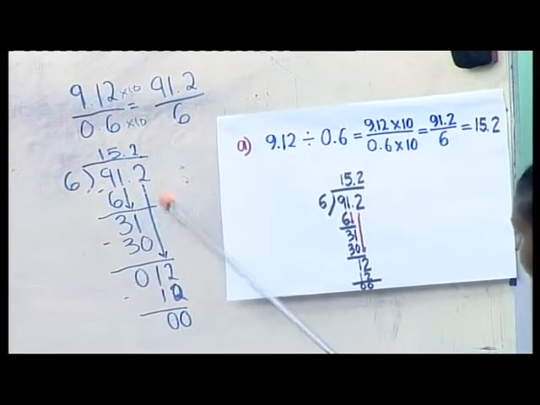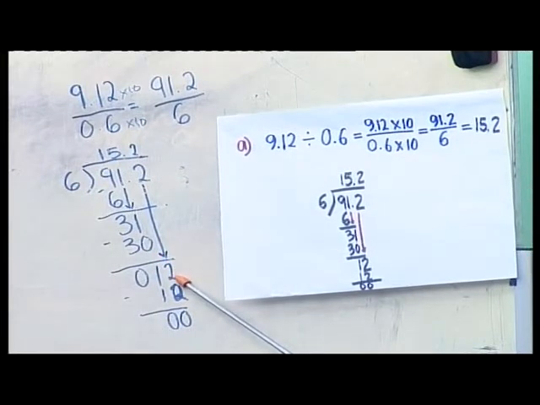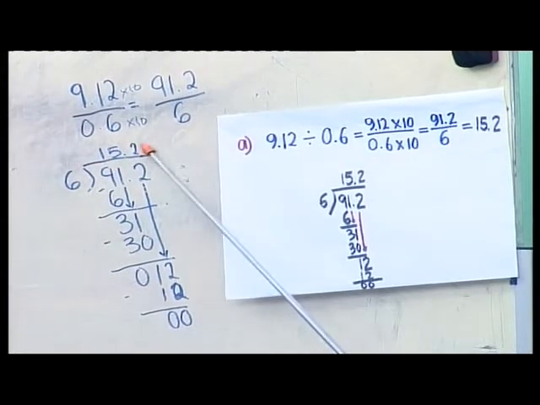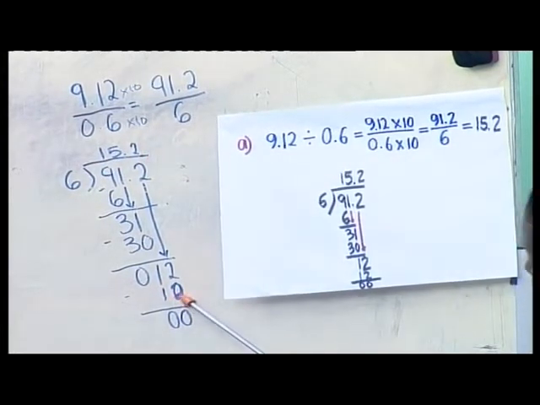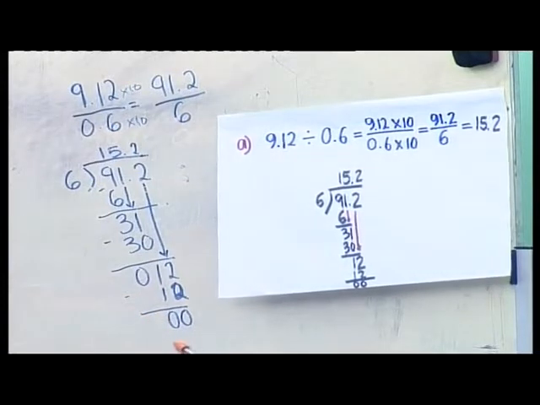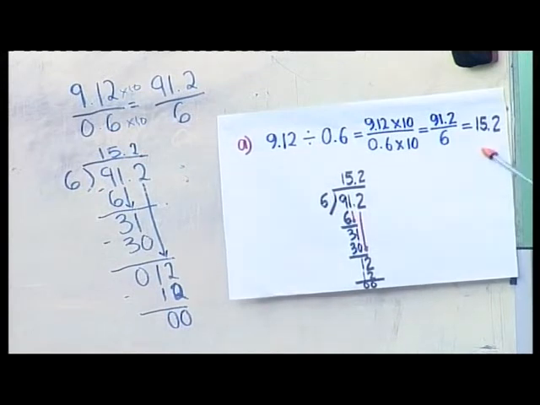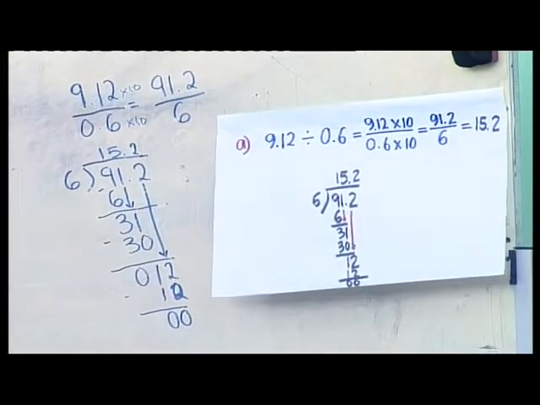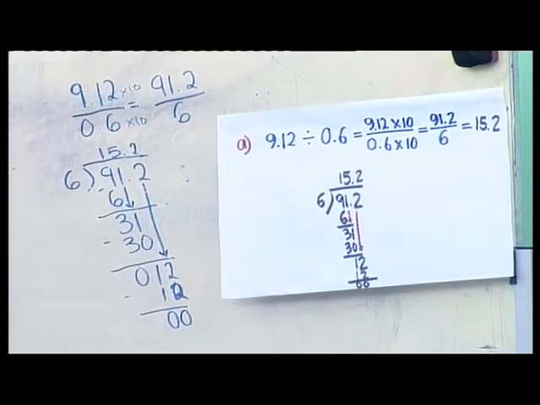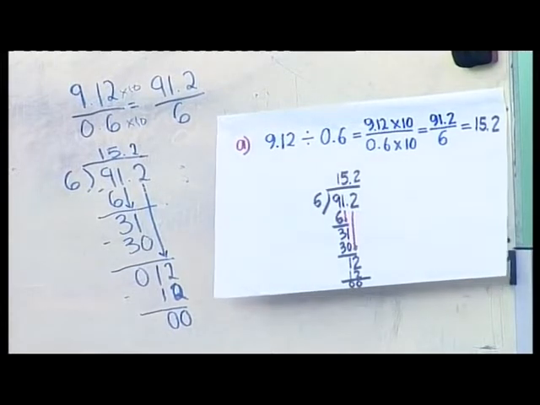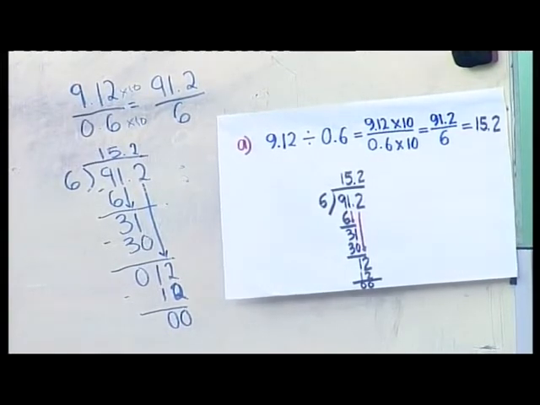So we now bring down 2 to make it 12. 12 divided by 6 is equal to 2. 2 times 6 is equal to 12. 12 minus 12 is 0. So you can see the answer 15.2 is the correct answer to the long division. Now I'd like you to remember that you will practice in your own time with exercise B. You do it for homework.